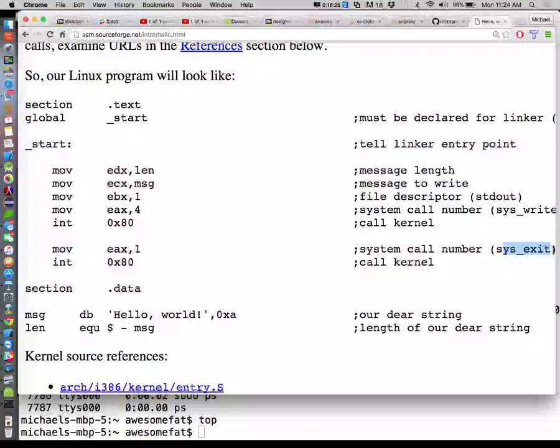It doesn't require any input. It just says, okay, I'm going to die. The program is going to be terminated. So we put that system call in there, and again we tell the kernel to take over. I've staged all my variables, go, and it will read from the hardware registers and do its thing.